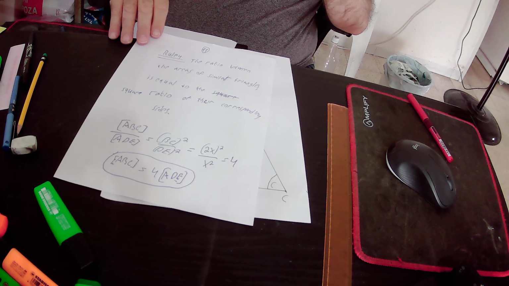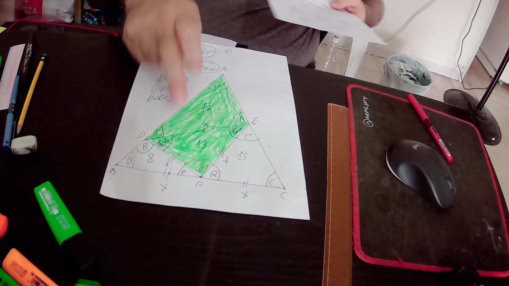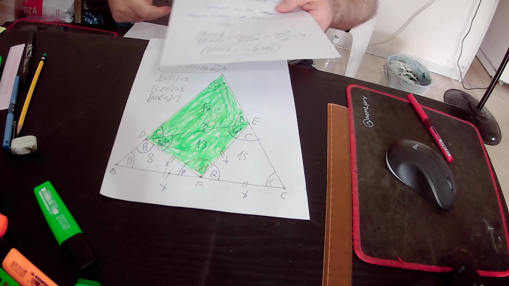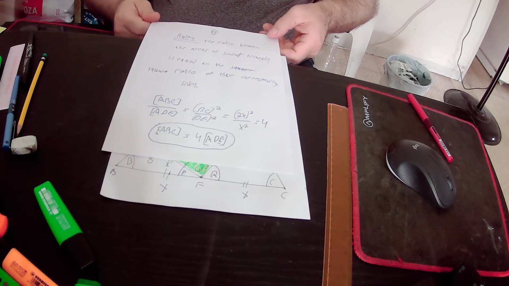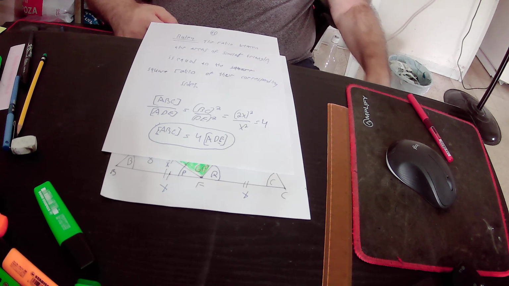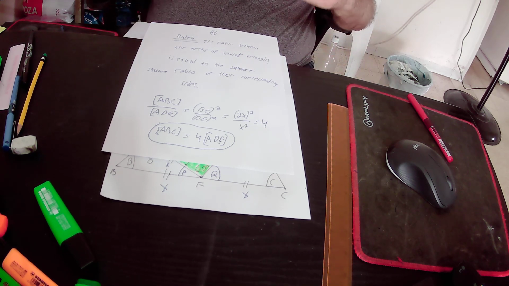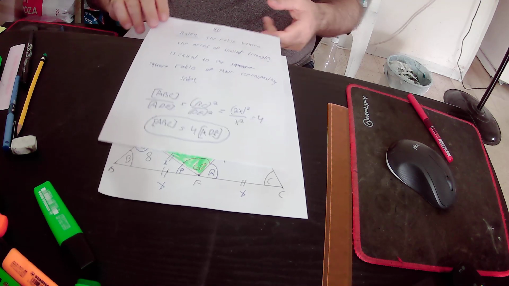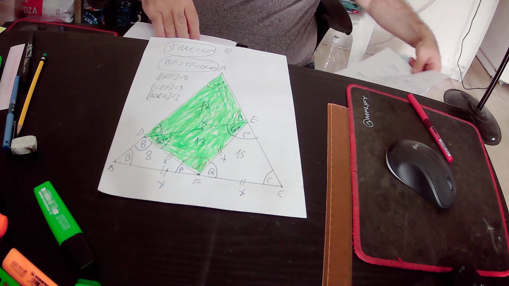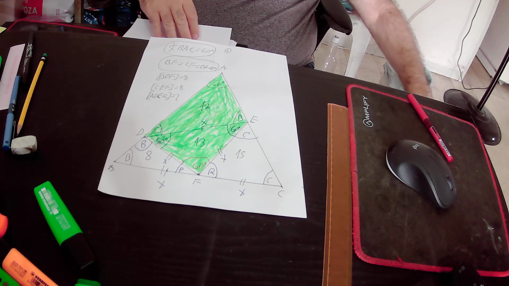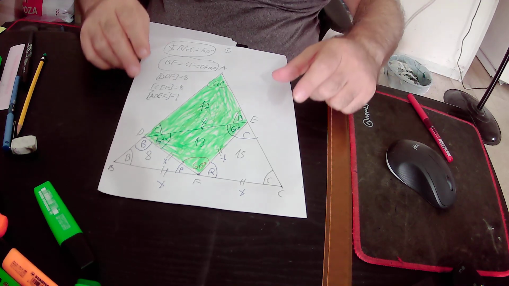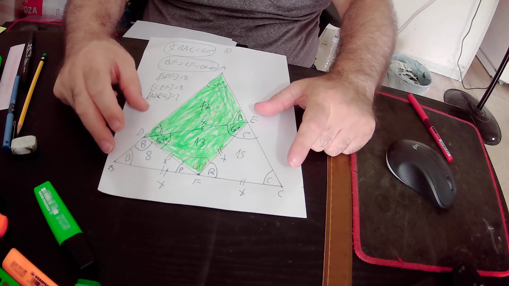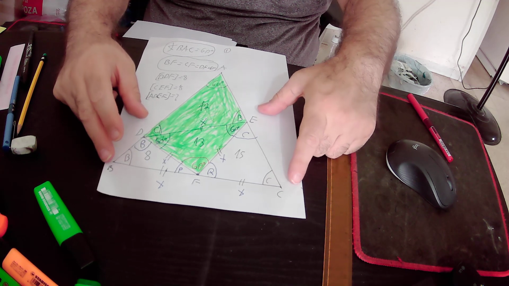We know that BC equals x plus x and DE equals x, so it is actually 2x square over x square, which is 4. So we found out that the area of triangle ABC is 4 times the area of triangle ADE. Okay, and then we calculated the area of the quadrilateral BDEC.